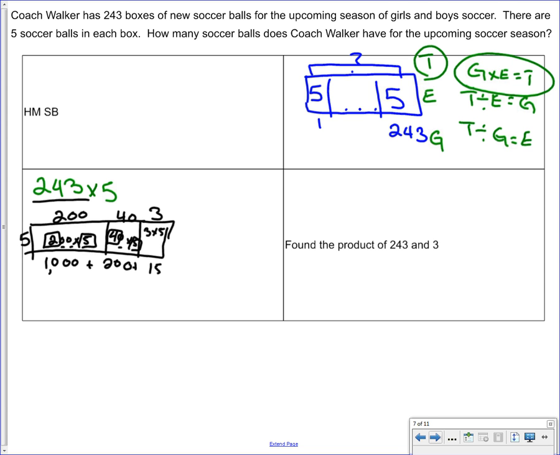Okay, we're going to add these up. 15, 200, 1,000, which gives 1,215. How did we solve this problem? Well, we found the product of 243 and 5.